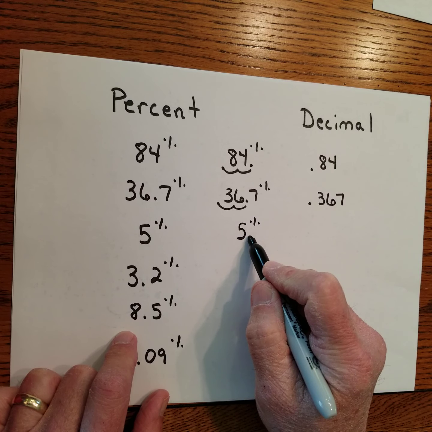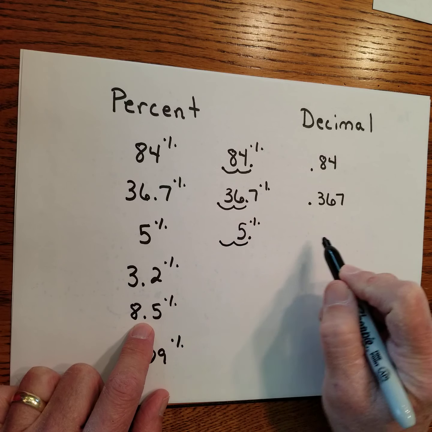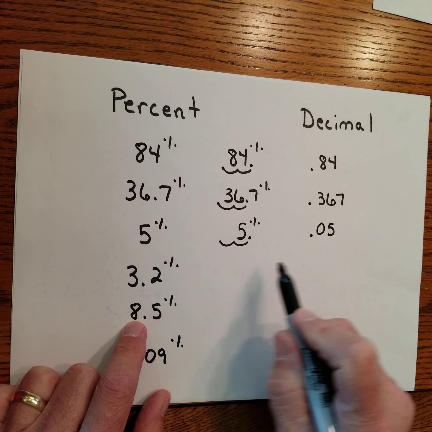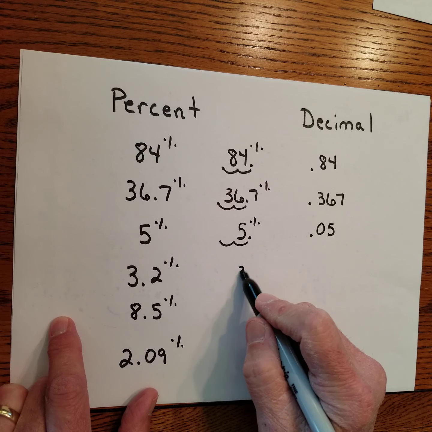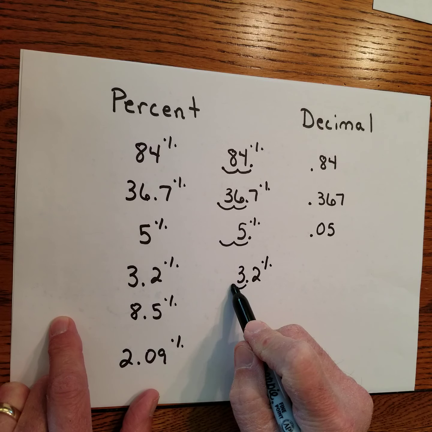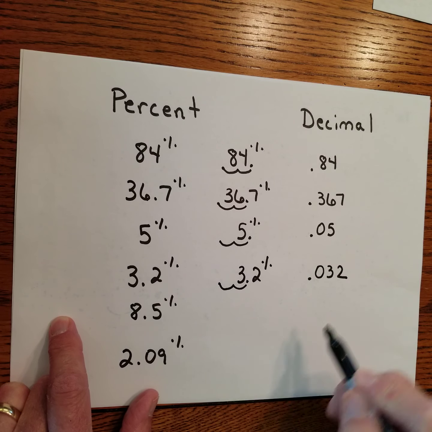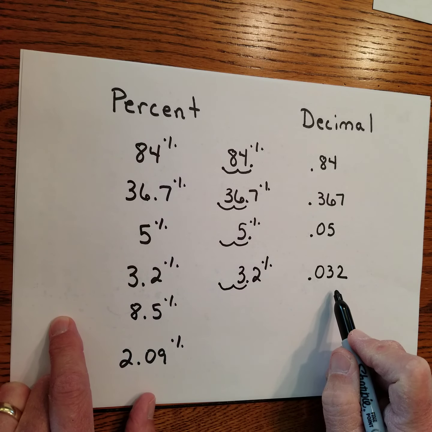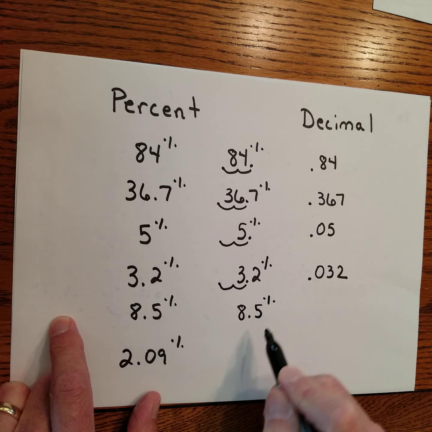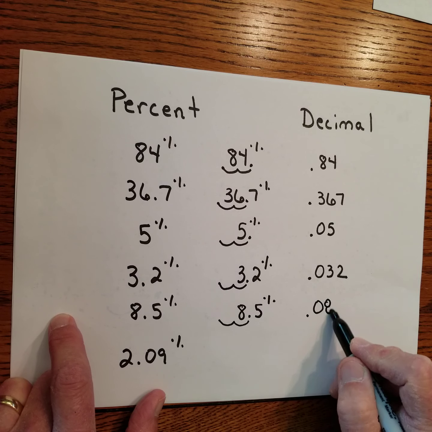5% has its decimal point here. Move it 2 spots, and you have room for a 0 between the decimal point and the 5. 5% is the same as 0.05. 3.2%, if I change it into a decimal, also has room for a 0 between the decimal point and the 3. 3.2% is the same as 0.032. 8.5% would look like this: 0.085.